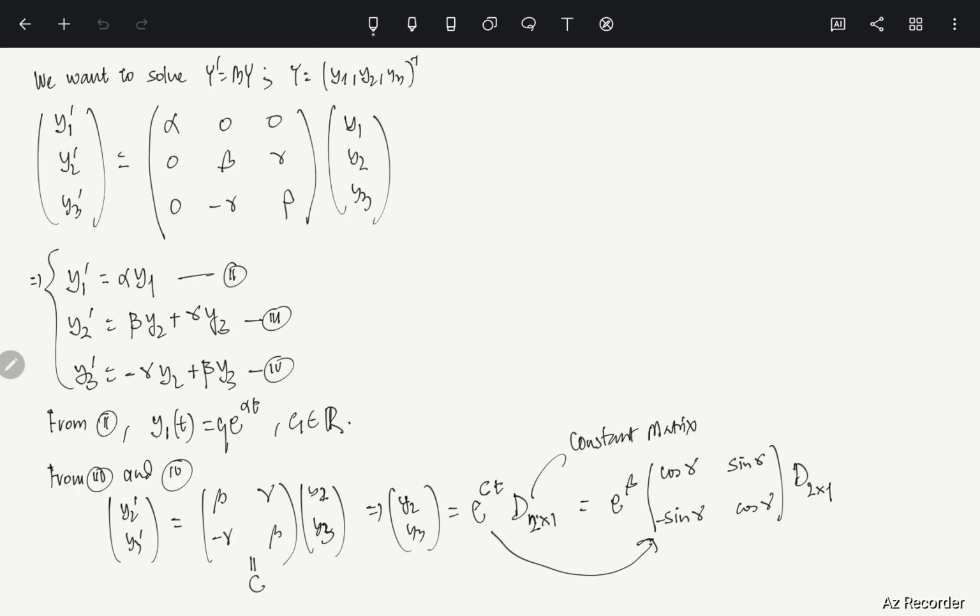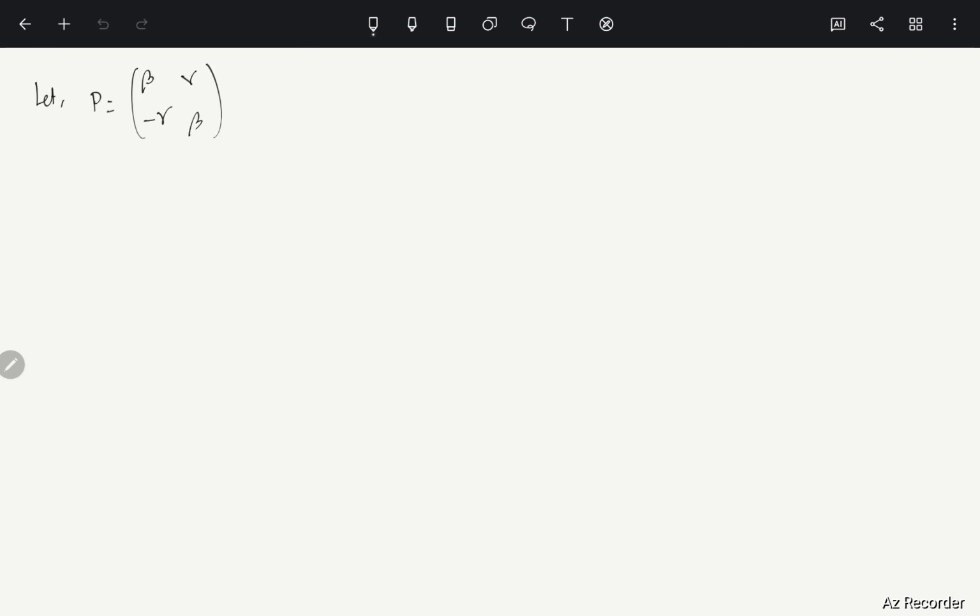I want to calculate its exponential. Now, how do you calculate it? I can always write it as beta 0, 0 beta plus 0 gamma, minus gamma 0. That will be beta times identity plus gamma times the matrix 0 1, minus 1 0.